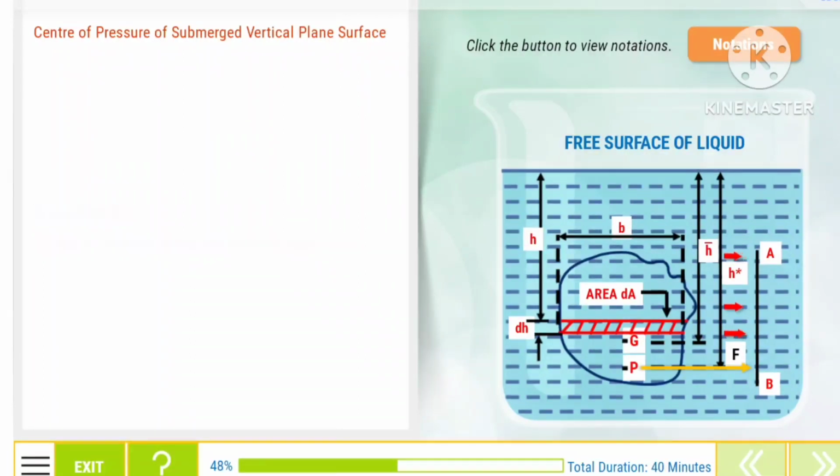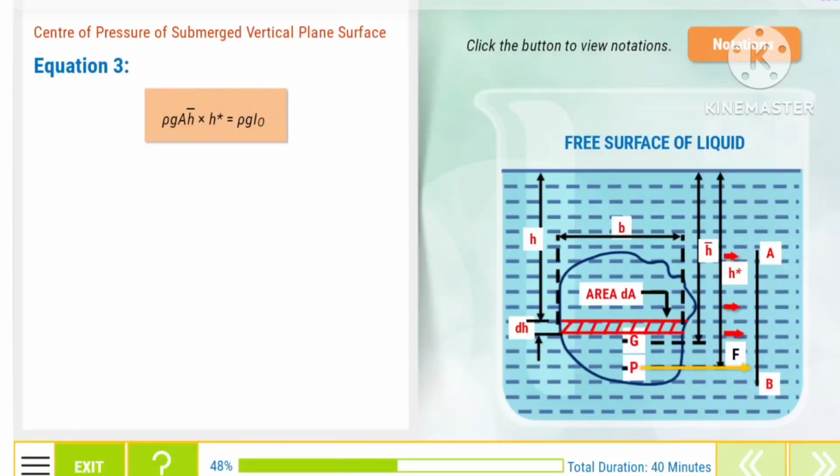If we equate equations 1 and 2, then we get F into h star is equal to rho g into I naught. However, F is equal to rho g into A into h bar. Therefore, rho into g into A into h bar into h star is equal to rho into g into I naught.